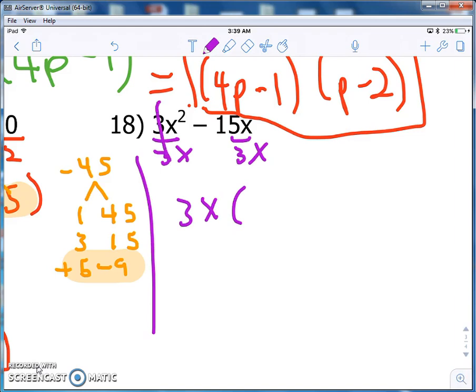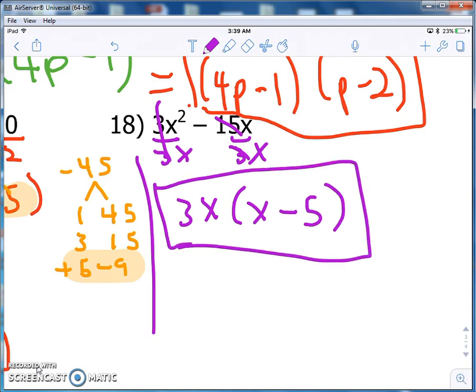The 3's reduce, x squared over x becomes x. The 15 and the 3 reduce to give you 5. The x's go away. And there's your final answer. How about that? That was much easier than the one before, wasn't it? So that's the thing with factoring. You got to be prepared to go from the difficult ones to the more straightforward ones. Alright, let's move on.